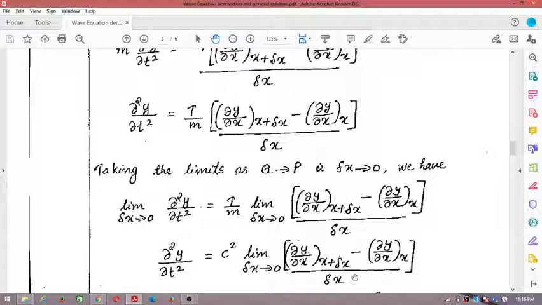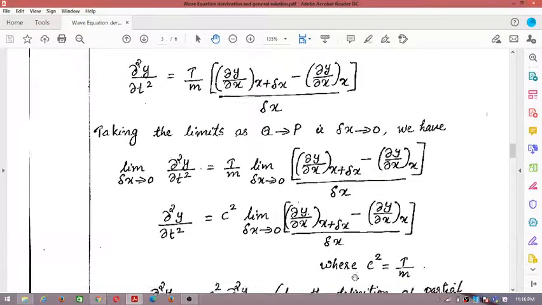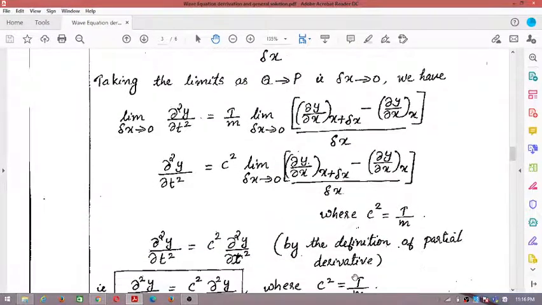And by using the definition of partial derivatives, the term on the right, the limit as delta x tends to 0 of [∂y/∂x at x plus delta x minus ∂y/∂x at x] divided by delta x, is the second derivative of y with respect to x, or we can write it as ∂²y/∂x².